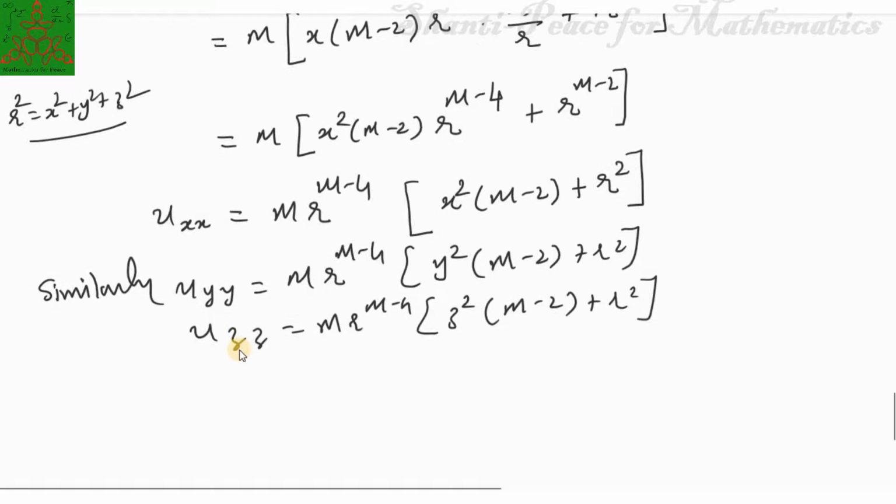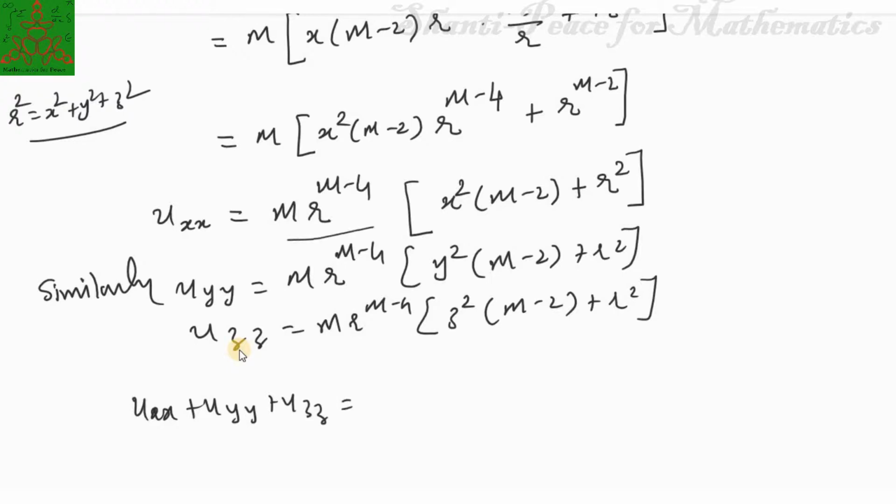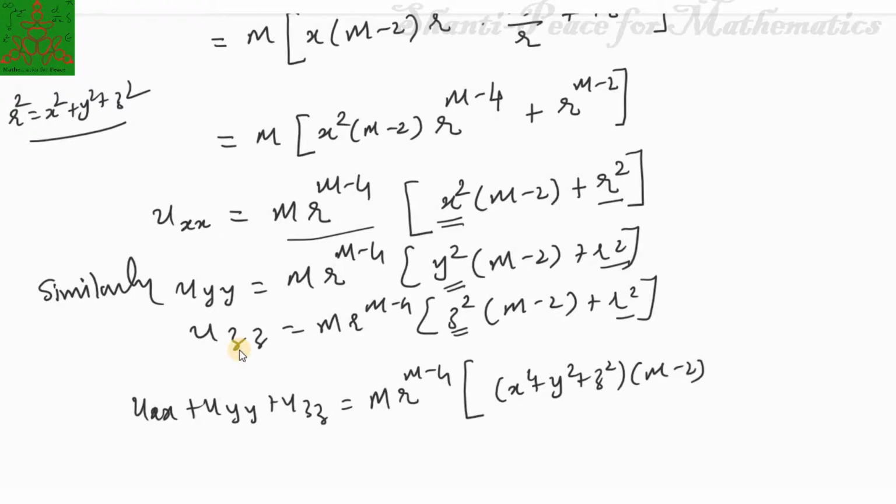Now if you add all three equations, that is u_xx plus u_yy plus u_zz, m r raised to m minus 4 is common. Inside the bracket, you will have x squared plus y squared plus z squared, and this m minus 2 will be common, and here it is r squared and r squared, so that's why it is 3 times r squared.